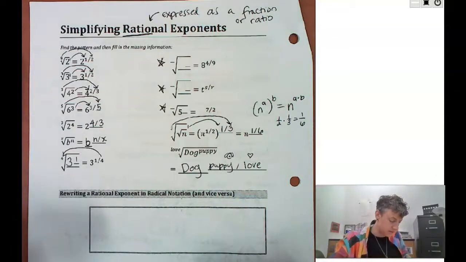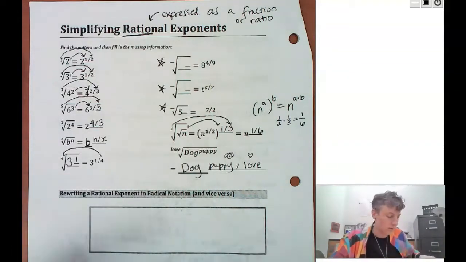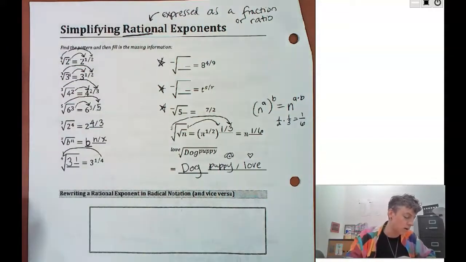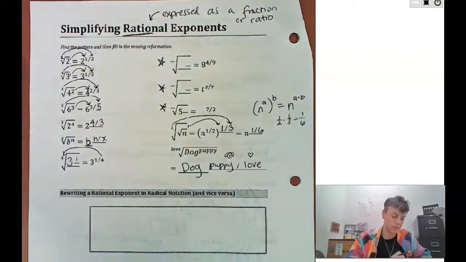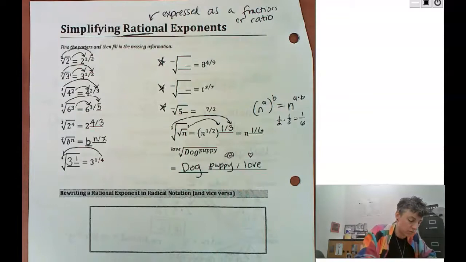All right, so let's synthesize the information we gleaned from our pattern recognition, rewriting a rational exponent in radical notation and vice versa. So here's our rule.